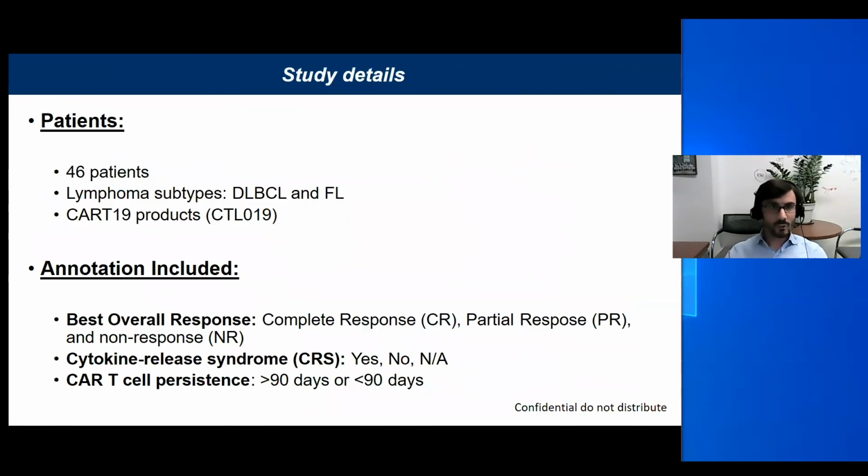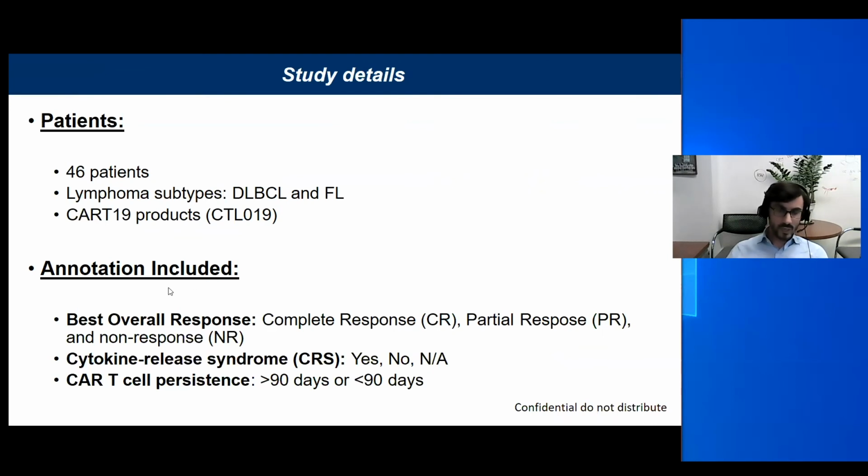And so the study included 46 patients with lymphoma, both diffuse large B-cell lymphoma and follicular lymphoma, that were treated at Penn with what is now known as Kymriah, so 4-1BB lentivirally transduced CAR-19.